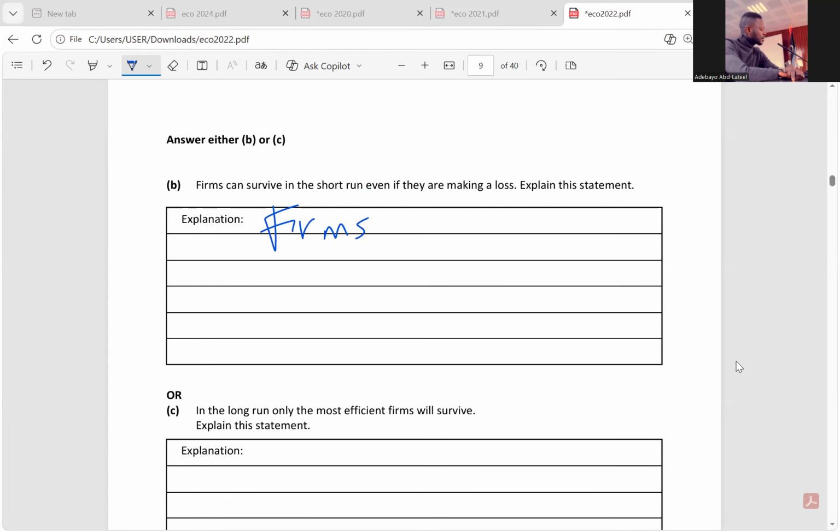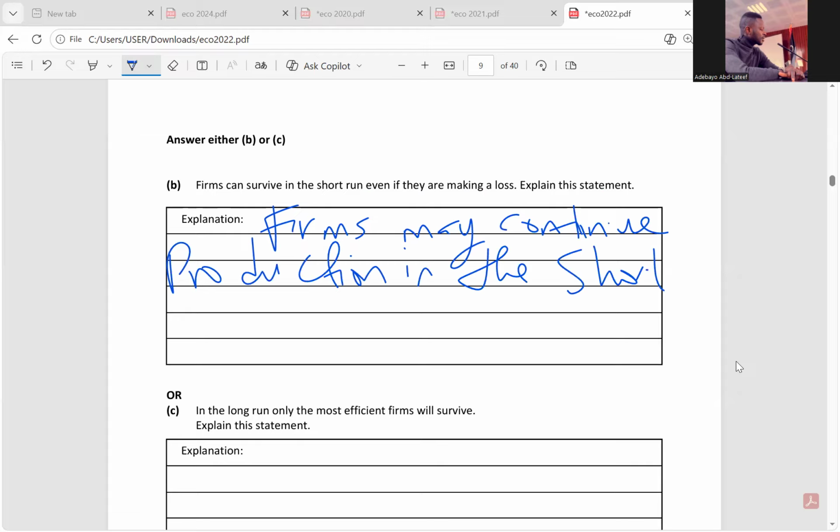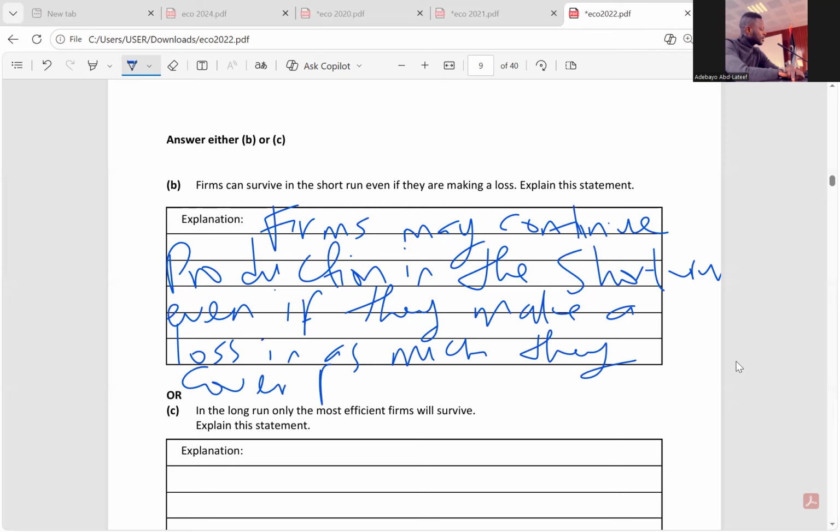Firms may continue production in the short run, even if they make a loss, inasmuch as they cover their AVC, average variable cost.